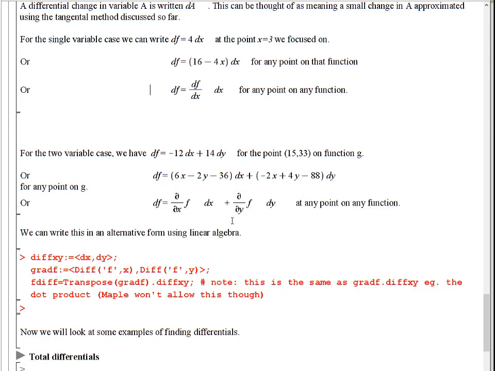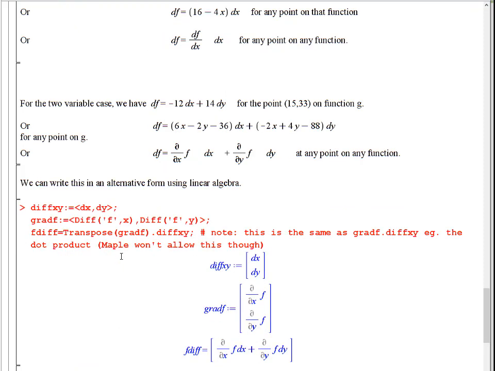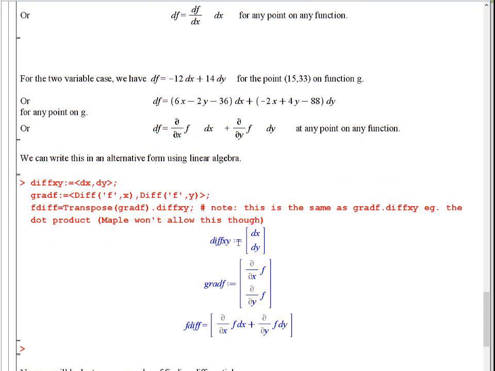Now, before we finish this video, I can show you that this thing here you can write in an alternative form using linear algebra. And this is what first made the connection between the calculus and the linear algebra from the last lecture, which is that if you define some vectors like this, so you define a vector which is these two small changes, the differential changes in x and y.